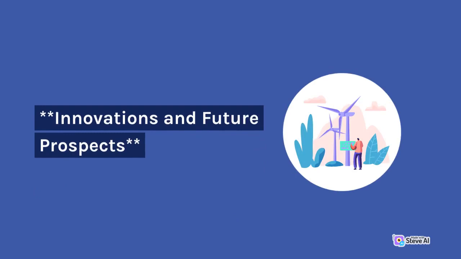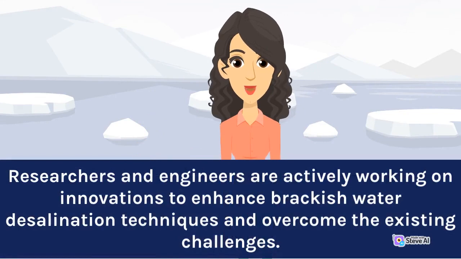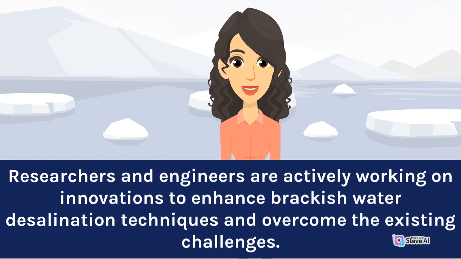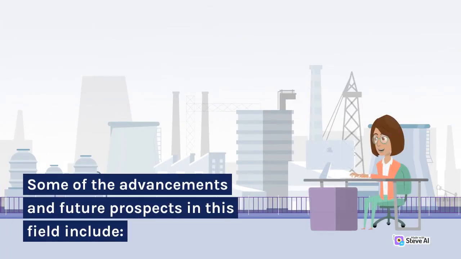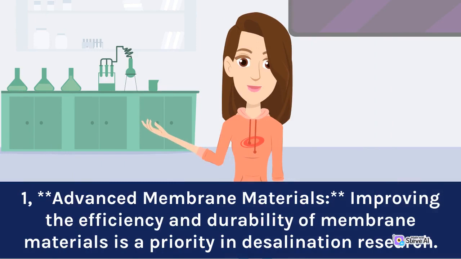Innovations and future prospects. Researchers and engineers are actively working on innovations to enhance brackish water desalination techniques and overcome the existing challenges. Some of the advancements and future prospects in this field include: 1. Advanced membrane materials.